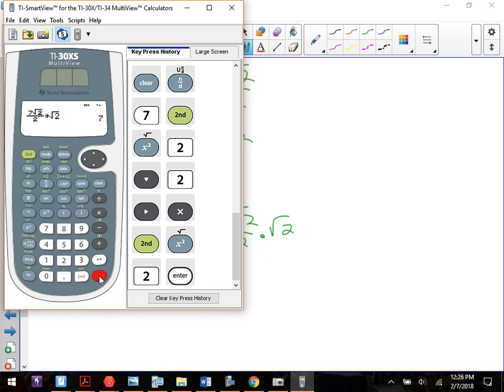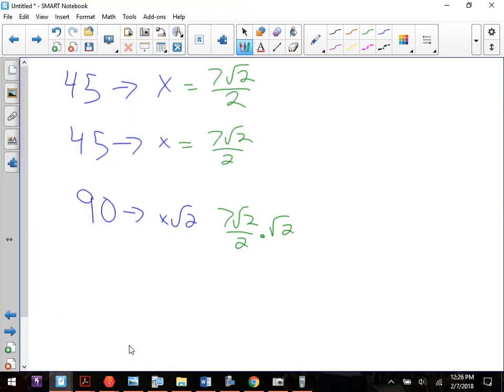And you get 7. So across from the 90 is 7. Okay? You're literally filling in blanks off the algebra jig given the side length.